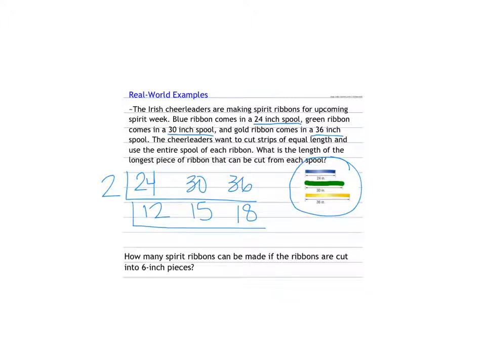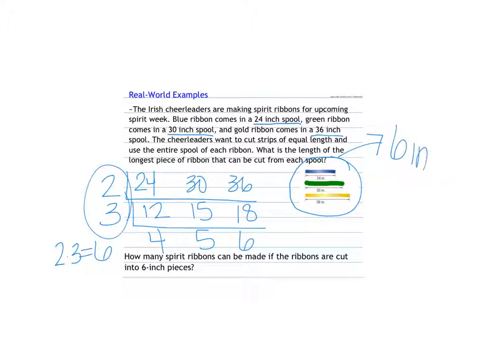I know they can both be divided by 3, so then I have 4, 5, and 6, and they all can't be divided by anything further of the same number. So my GCF is going to be 2 times 3, which is 6. So that tells me that the ribbons are going to each be 6 inches. So they'll cut 6 inches of each ribbon.